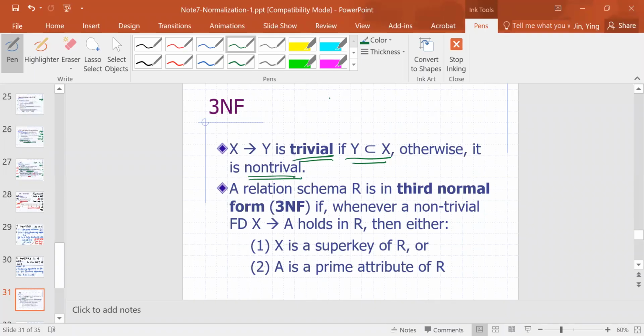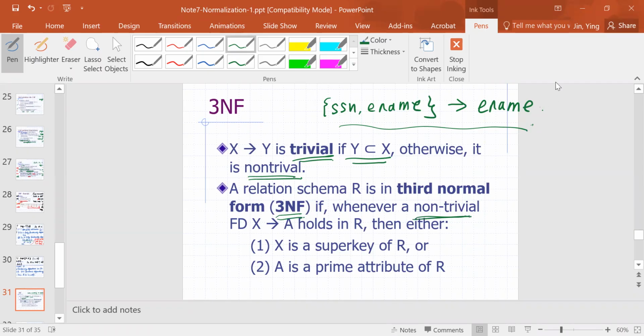So for example, SSN, ename to ename is always true. So I don't want to consider this one in the third normal form checking. I only want to consider non-trivial functional dependencies. This is a trivial case.